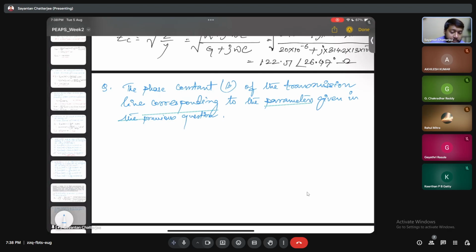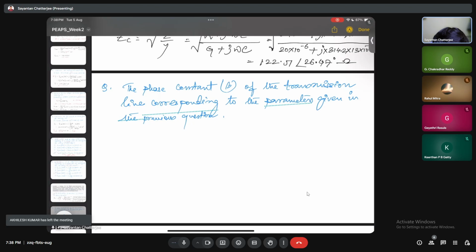So the phase constant beta we need to calculate of the transmission line corresponding to the parameters given in the previous question.